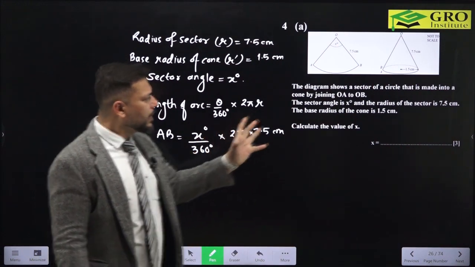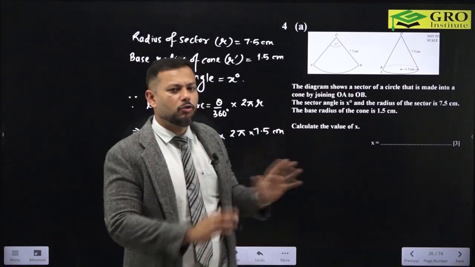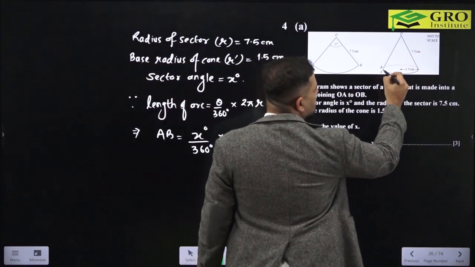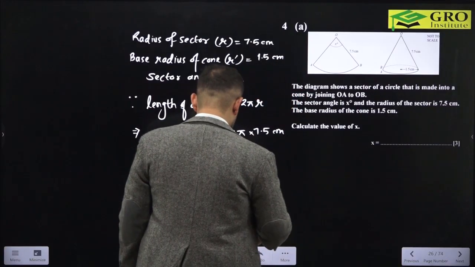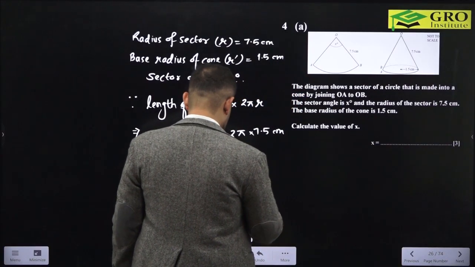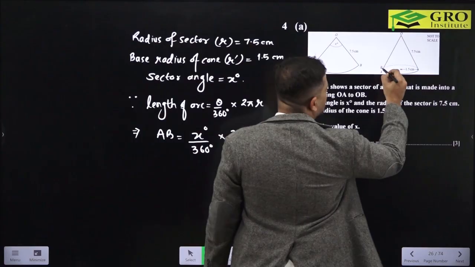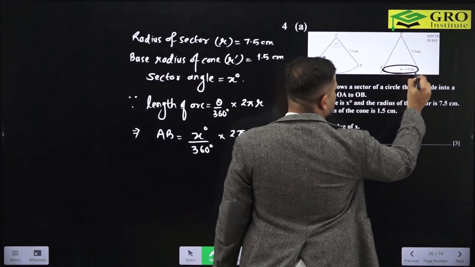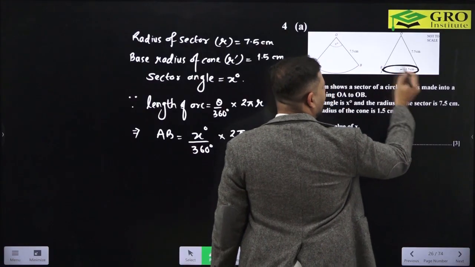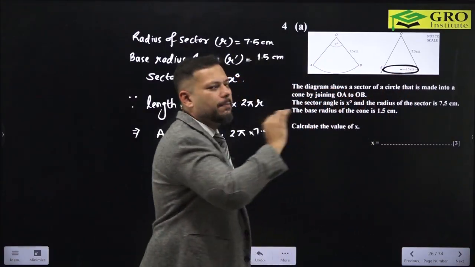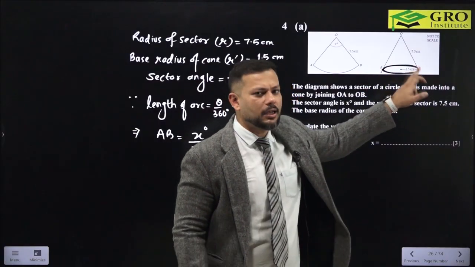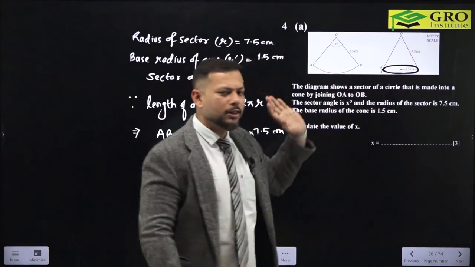Now if I compare this with the cone which gets formed by the same sector, I see that this base circle is actually the length of AB. That means if I find the circumference of this base circle, it will be equal to the length of AB.